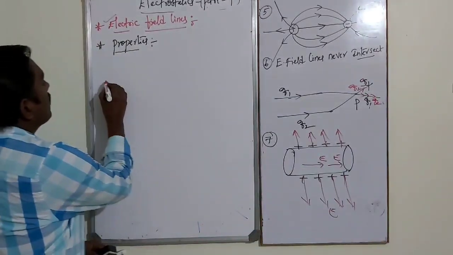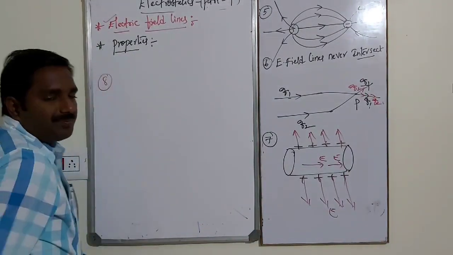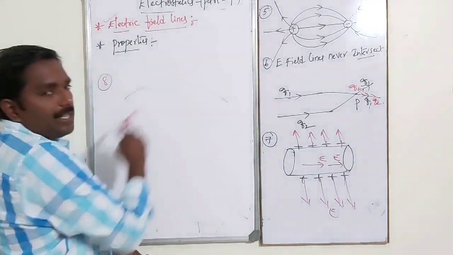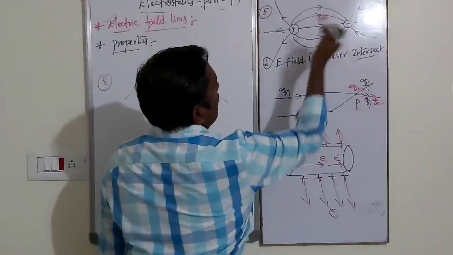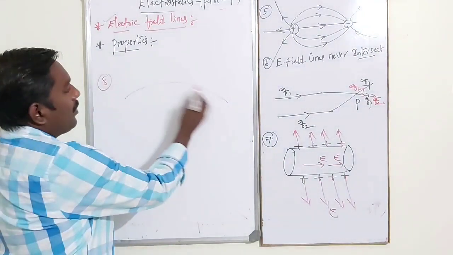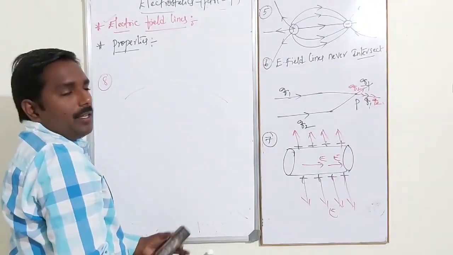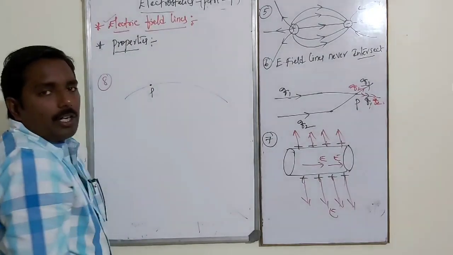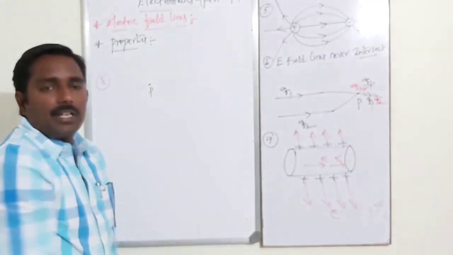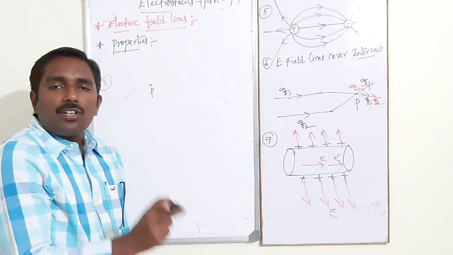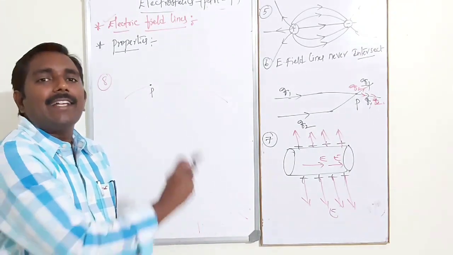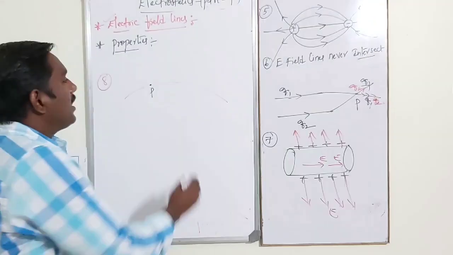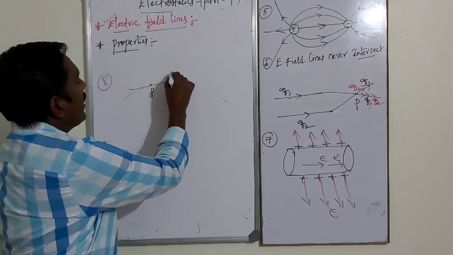Next, eighth one. In the case of curved regions, see, this is the curved region, and this is a small point on it. In the case of a curved region, a tangent line drawn at the point on the path indicates the direction of the electric field.